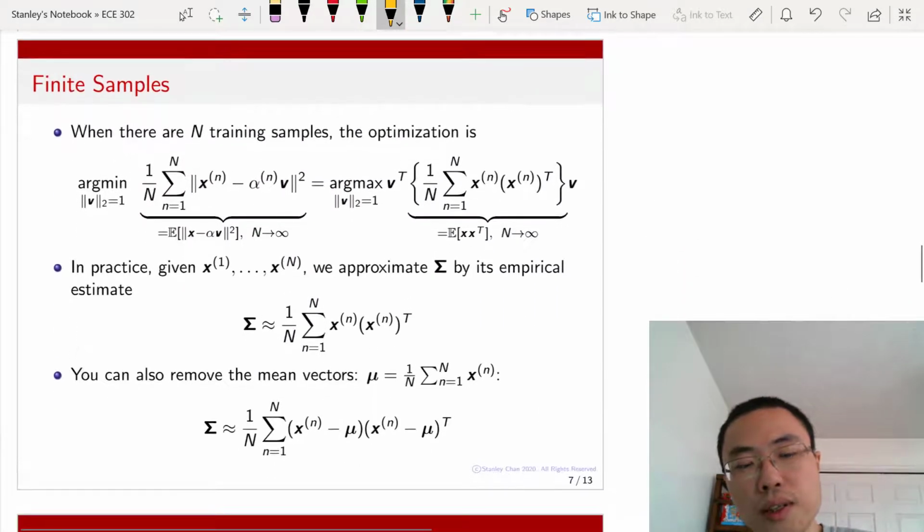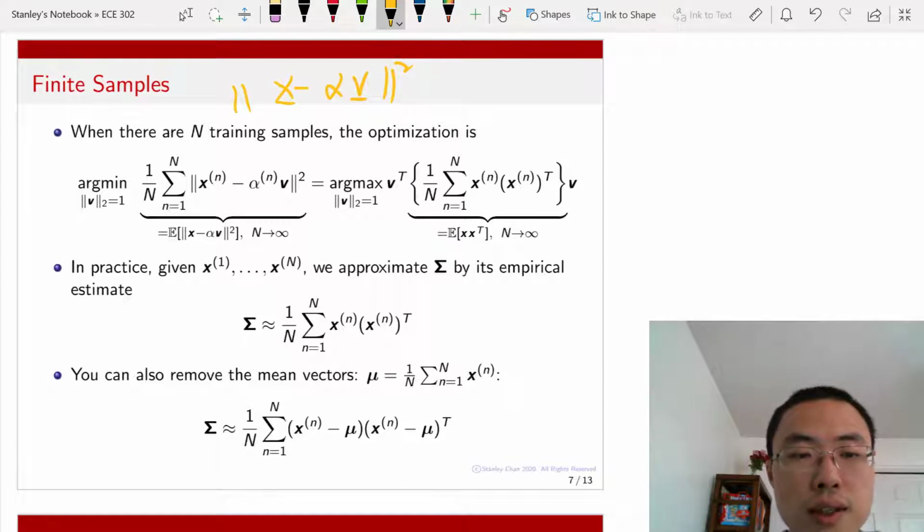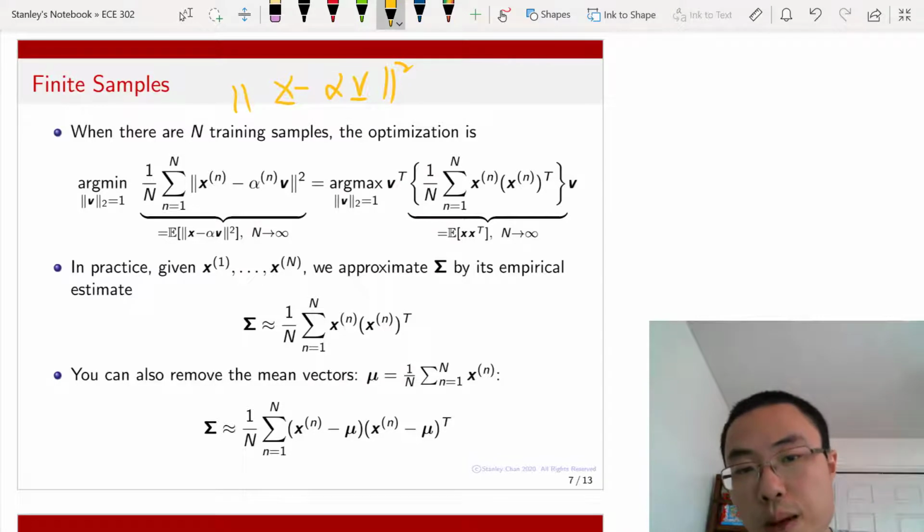Well, the implication can be seen by looking at the finite sample case. By finite training sample case, I mean that you are not only interested in one x minus alpha v, you are interested in looking at this sum over all the possible training samples.